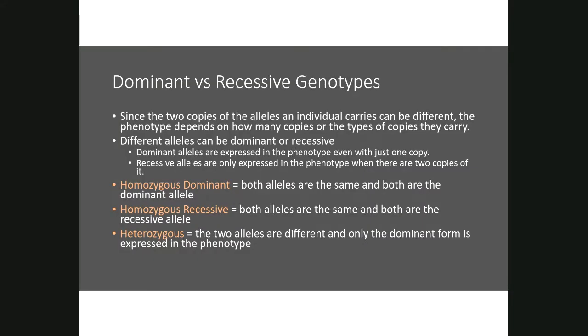Okay, so there's another term that you have to be familiarized with, and it's dominance versus recessiveness. The genotypes can be a combination of any of those. Since your two copies can be different, the phenotype will depend on whether or not you have copies of the dominant allele.